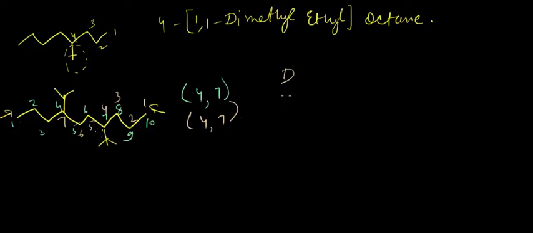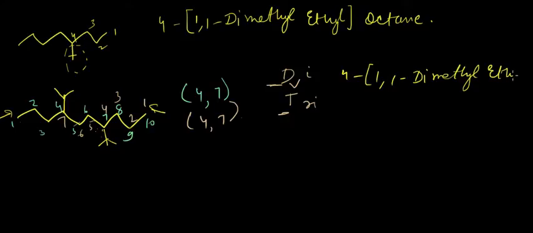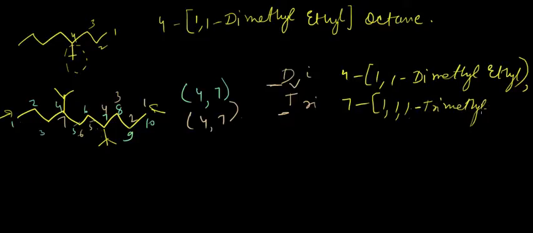One is D and another one is T. So di would be given preference over trimethyl, because D is alphabetically ranked higher than T. Its nomenclature would be 4-(1,1-dimethylethyl) and 7-(1,1,1-trimethylethyl). And how many carbon atoms are there? 10.